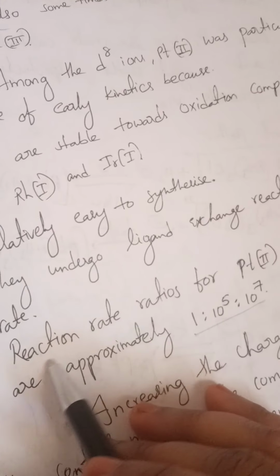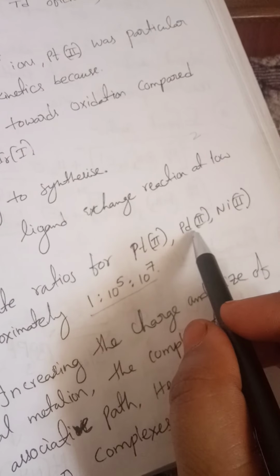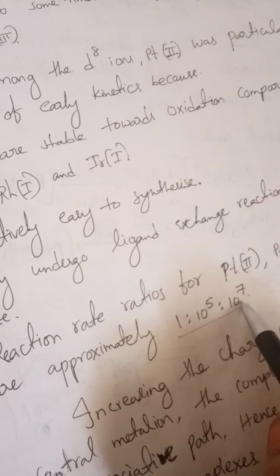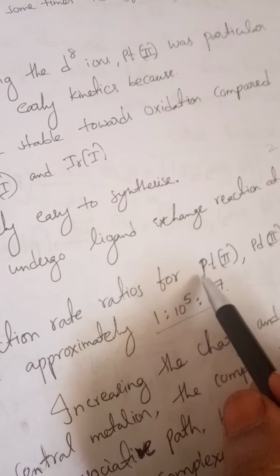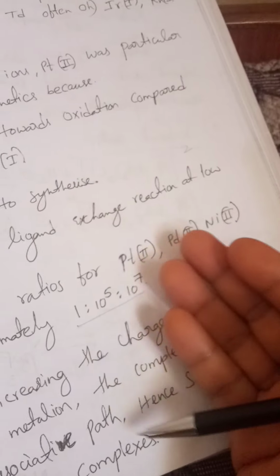The reaction rate ratios for platinum(II), palladium(II) and nickel(II) are approximately 1 to 10^5 to 10^7. So the rate of reaction of platinum(II) is very low compared with the remaining two metal complexes.